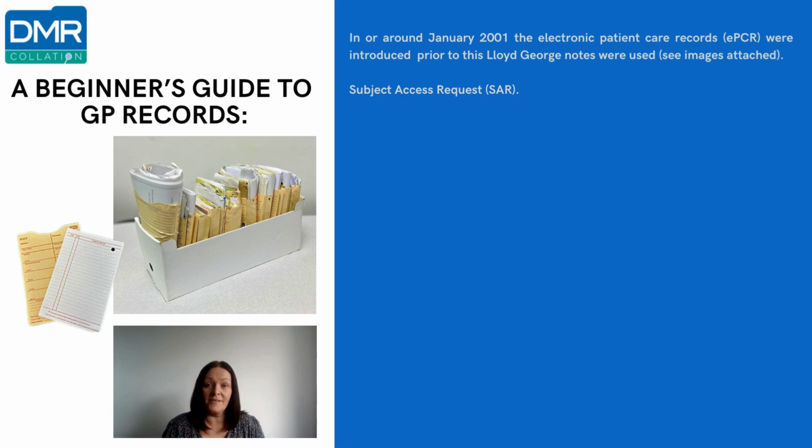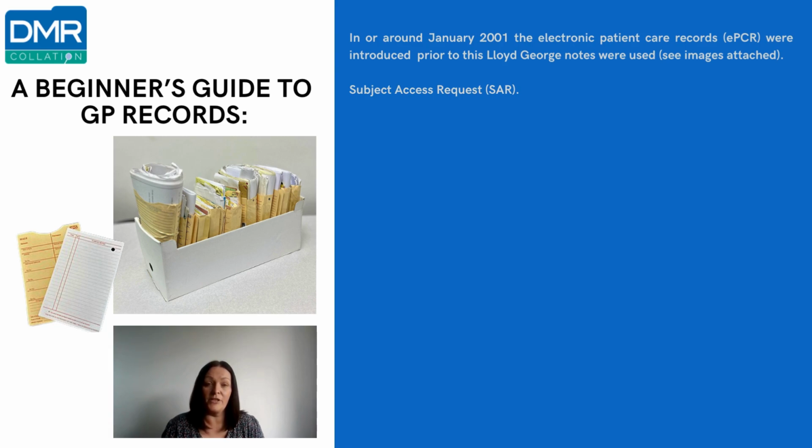Within the attachments, aka scanned documents section of the electronic patient care record, you will normally find the Lloyd George notes, earlier correspondence and investigation reports. Alternatively, these earlier records will be disclosed as separate photocopy documents in addition to the electronic patient care record.